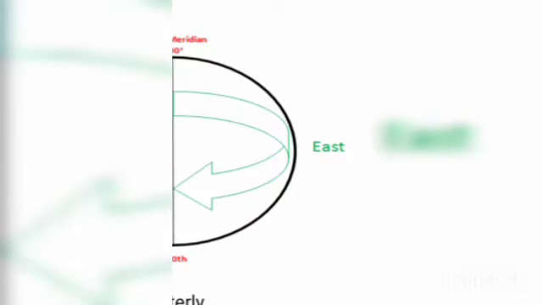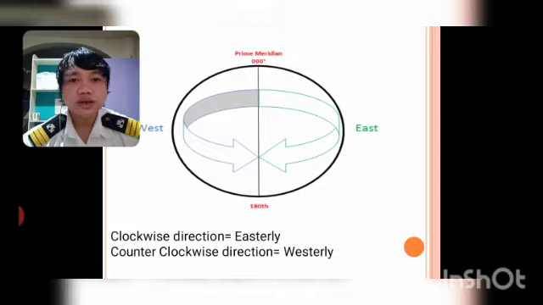So we have here the green bended arrow, which is going in the clockwise direction. When the direction of the difference of longitude is easterly, it means that it is going in a clockwise direction.